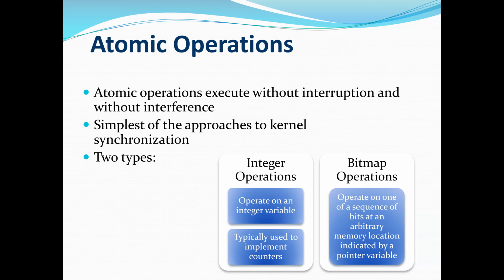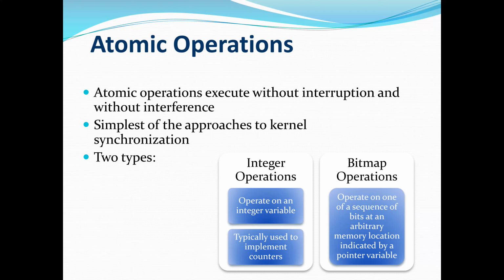On a uniprocessor system, a thread performing an atomic operation cannot be interrupted once the operation has started until the operation is finished. In addition, on a multiprocessor system, the variable being operated on is locked from access by other threads until the operation is completed.